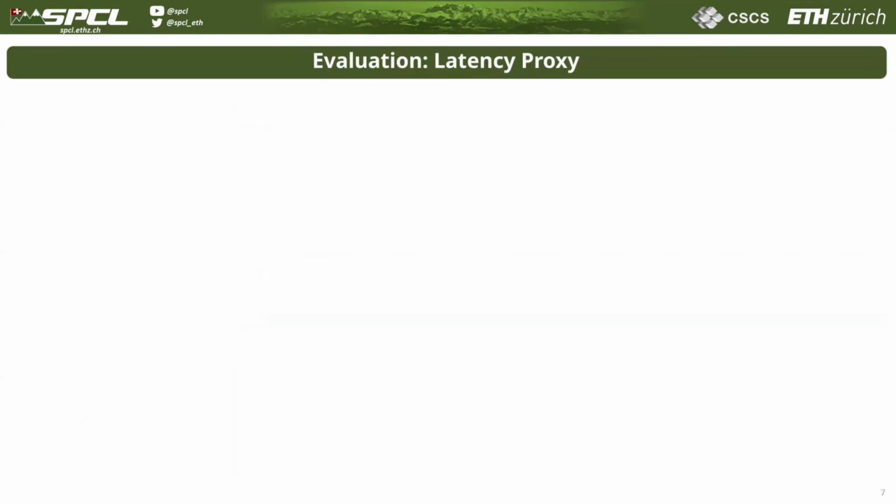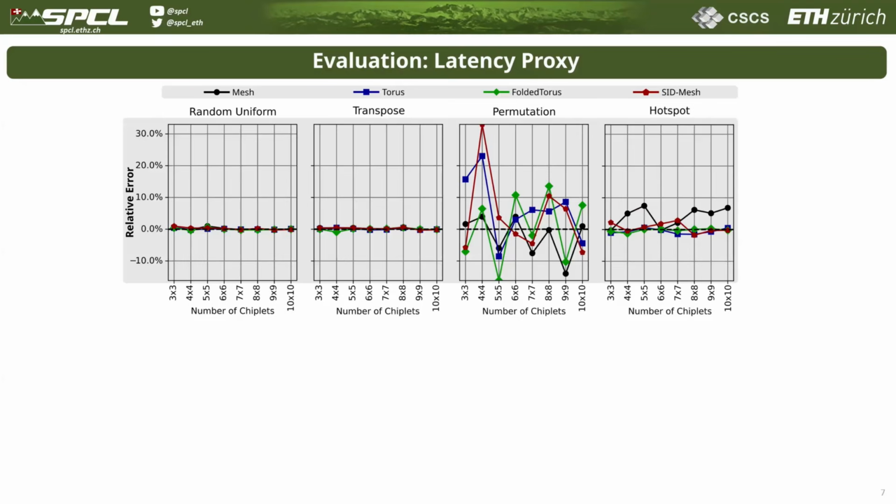For our evaluation, let's start with the latency proxy. Here, we took a look at 4 different network topologies. We had the mesh, the torus, the folded torus, and the SID mesh. And we also considered 4 different traffic patterns. Here we had random uniform, transpose, permutation, and hotspot. And first, we have a look at the relative error.